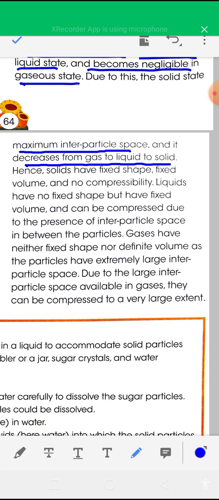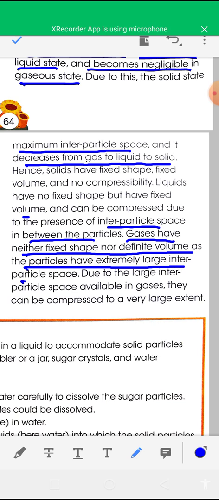Liquids have no fixed shape, but liquids have fixed volume and can be compressed due to the presence of interparticle space between the particles. Gases have neither fixed shape nor definite volume as the particles have extremely large interparticle space.